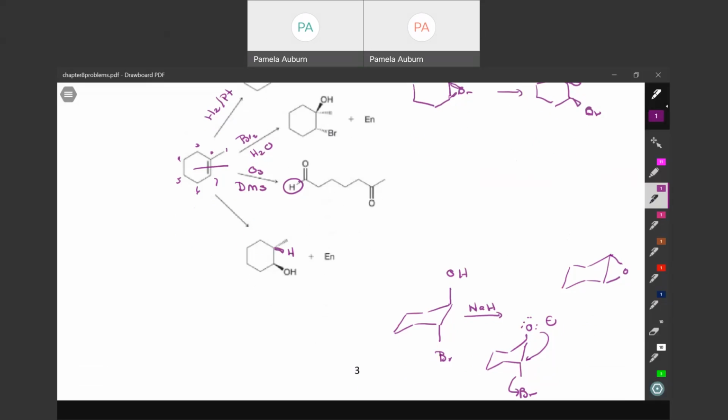So this is hydroboration. And I'm going to use BH3 in THF. That's step 1. And then the workup to get my product is by adding peroxide and base, H2O2 and NaOH.